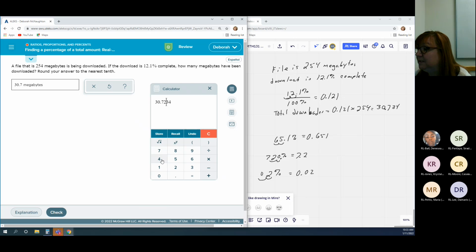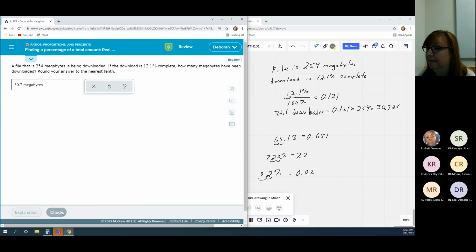If I had made a mistake and divided, if I had taken my 254 and divided by 0.121, I'd get a number that's bigger than 254. So that's kind of your check. Whenever you're not sure, I always recommend do what you think is right, but look at the answer. This answer should not be bigger than the total file. So that's how we would know if we did the wrong thing.